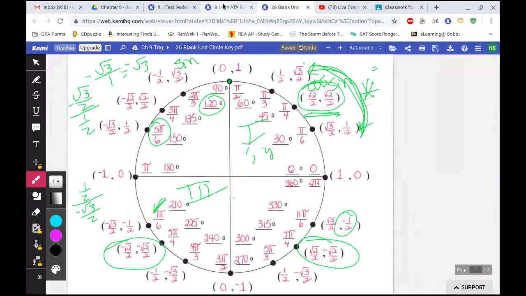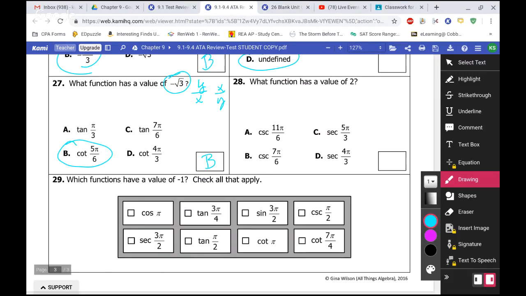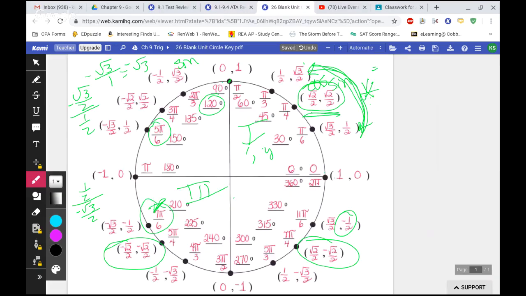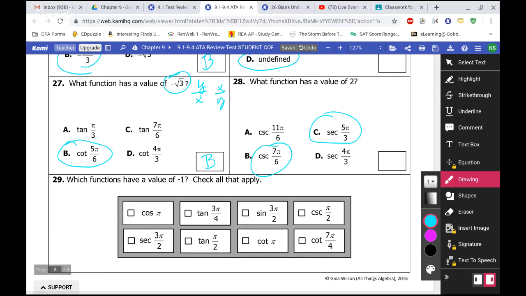So I'm going to go back and look at cosecant 7 pi over 6, which is 1 over sine at 7 pi over 6. It's negative also, so it's not going to give me a positive 2. Good old 5 pi over 3.